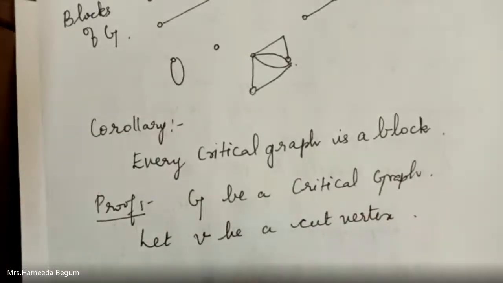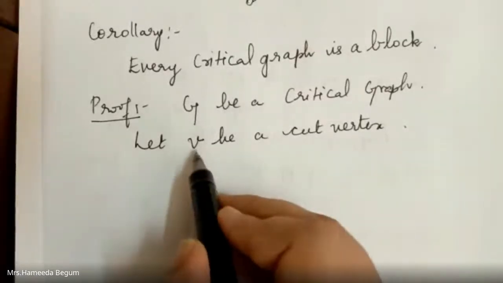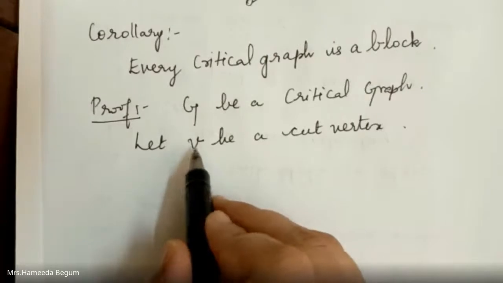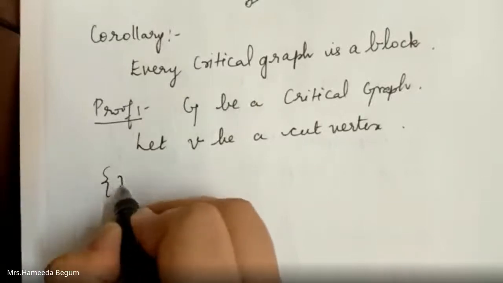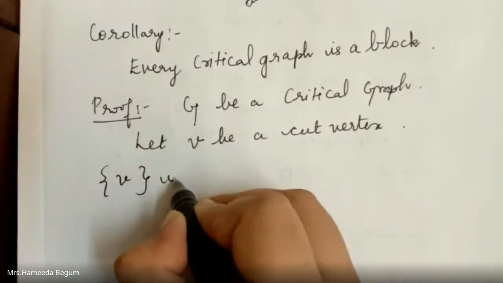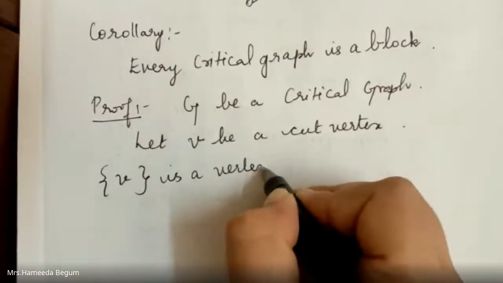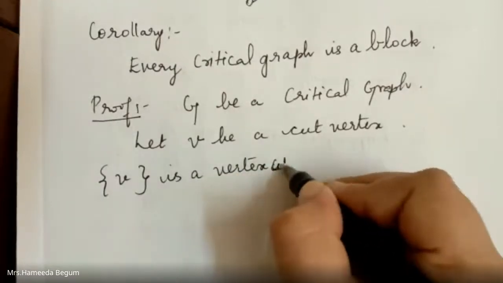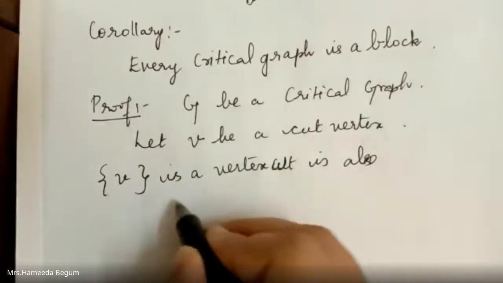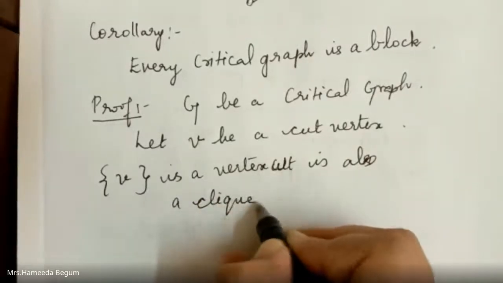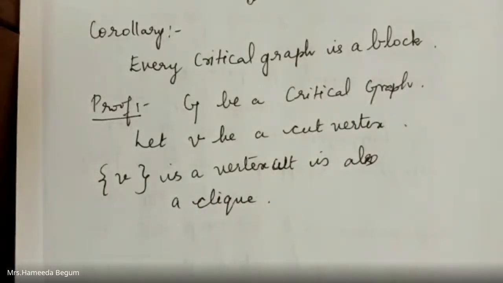Then the singleton set V is a cut vertex which is also a clique. Because in a clique, all those vertices are adjacent to one another, and if one of the vertices is removed, they will become non-adjacent. So this vertex V, which is a vertex cut, will also be a clique. But we already have a theorem that no critical graph has a vertex cut.